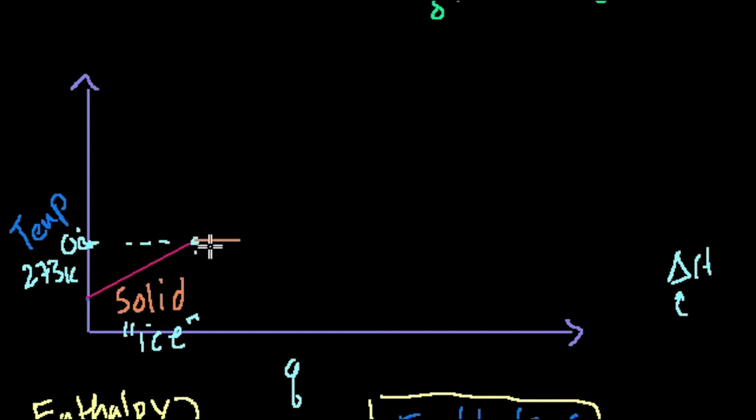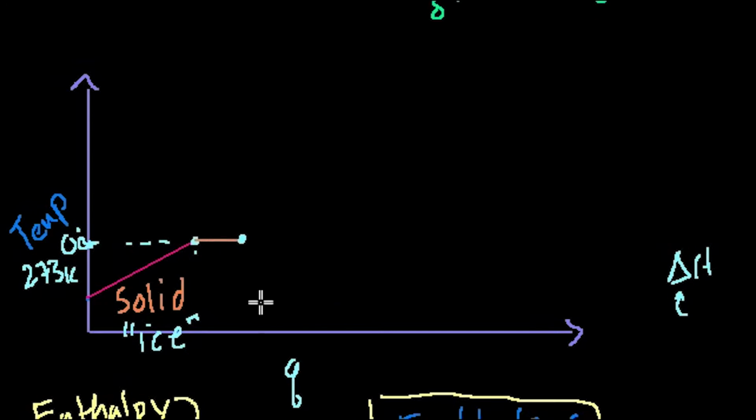For a little period, the temperature stays constant, and while the temperature is constant, it stays a solid. And then we finally turn into a liquid, let's say right there. So we added a certain amount of heat and it stayed a solid, but it got us to the point that the ice turned into a liquid. It was kind of melting the entire time. That's the best way to think about it.